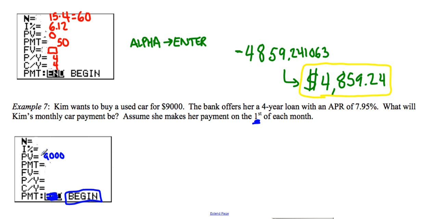Since that's not her money, it's the bank's money, we're going to make that a negative, so that when we find her payment, it's going to be the positive that she's paying into it. The interest rate is 7.95%, so again, put that in as a percentage. It's a 4-year loan with monthly payments, so our N value is 4 times 12, which is 48.